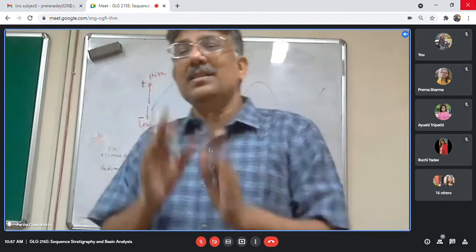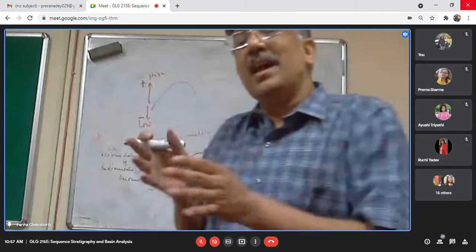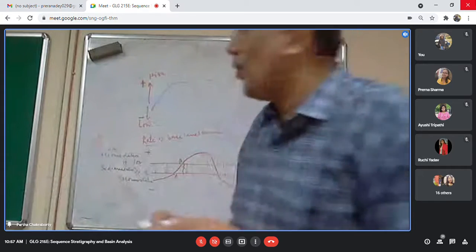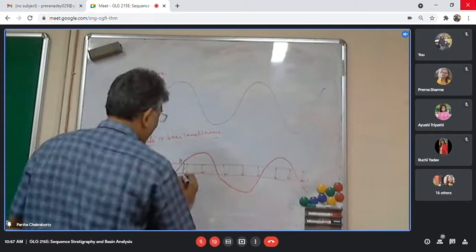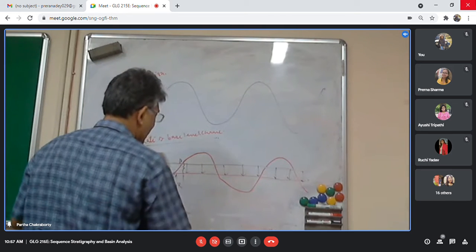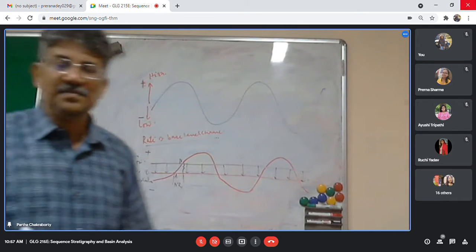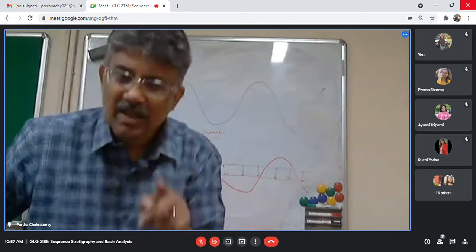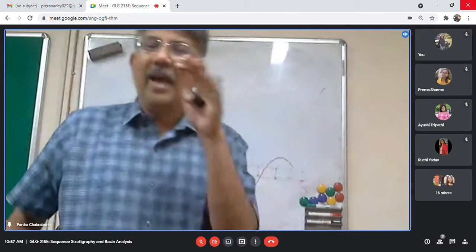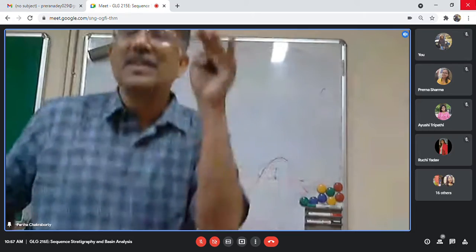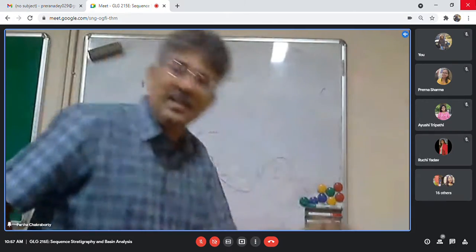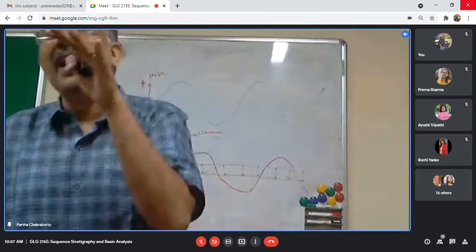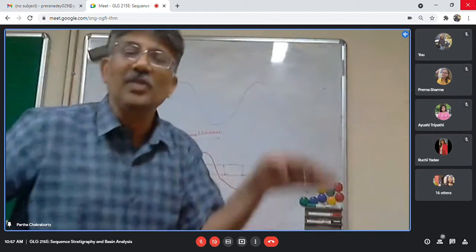And this portion we call normal regression. We call it normal regression because though accommodation is increasing at a low rate, sedimentation is either balancing or exceeding it, giving no signature in the rock record that the accommodation was increasing.